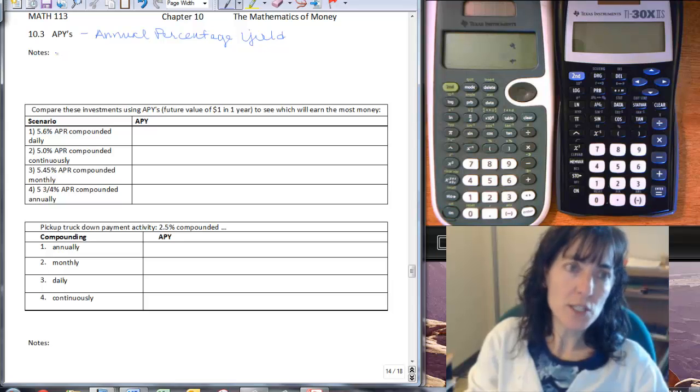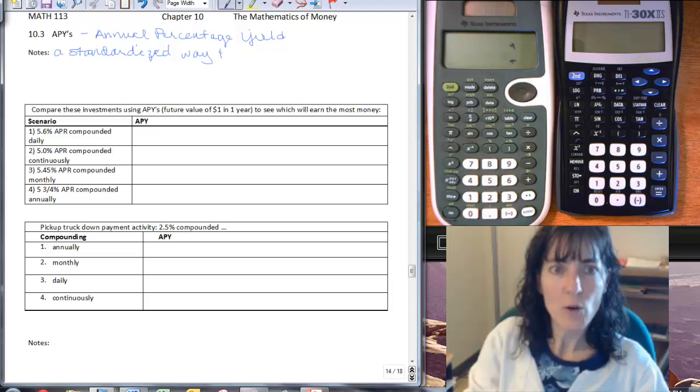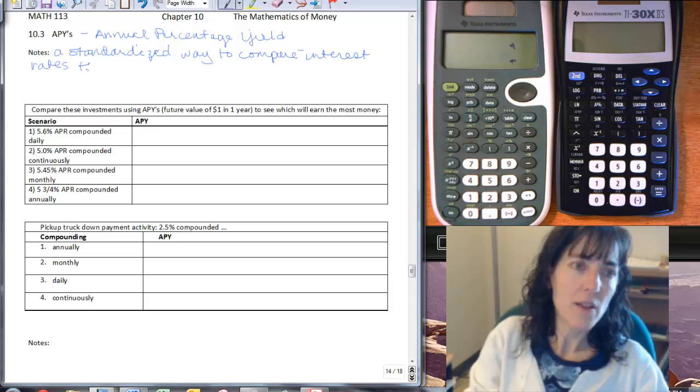So annual percentage yield is a standardized way to compare interest rates that takes into account the type of compounding.